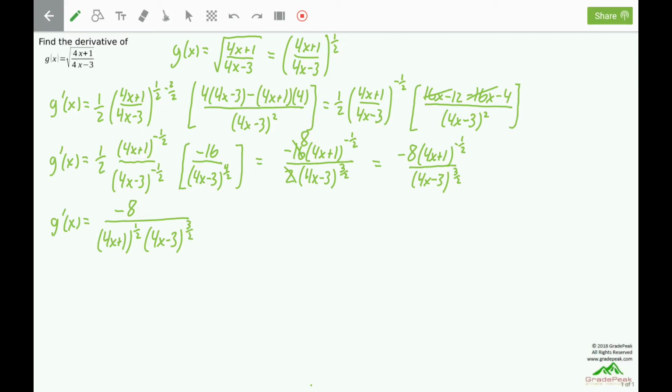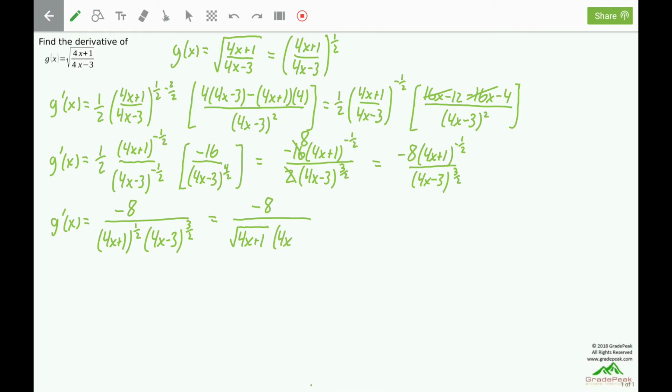One more thing we can do, that 1/2 power can be written as a square root. The 3/2 power, it's customary just to leave that as 3/2 power. We generally only write it as a root if it's a 1 over something, so it goes to a first power and some root. In this case, it's second root or square root to the first power. That's when we rewrite it using a radical symbol.